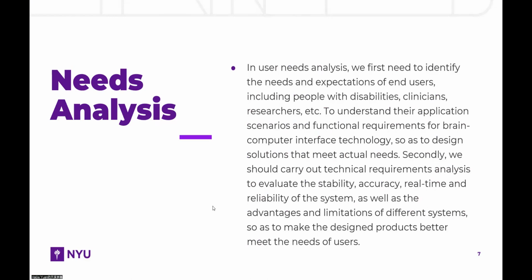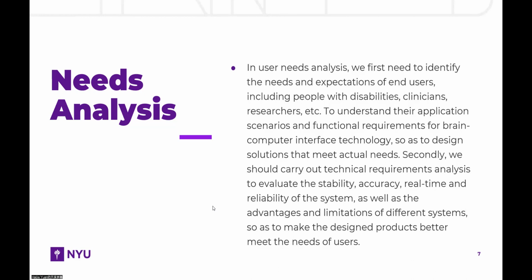In user needs analysis, we first need to identify the needs and expectations of end users, including people with disabilities, clinicians, researchers, to understand their application, signals, and functional requirements for brain-computer interface technology, so as to design solutions that meet actual needs.